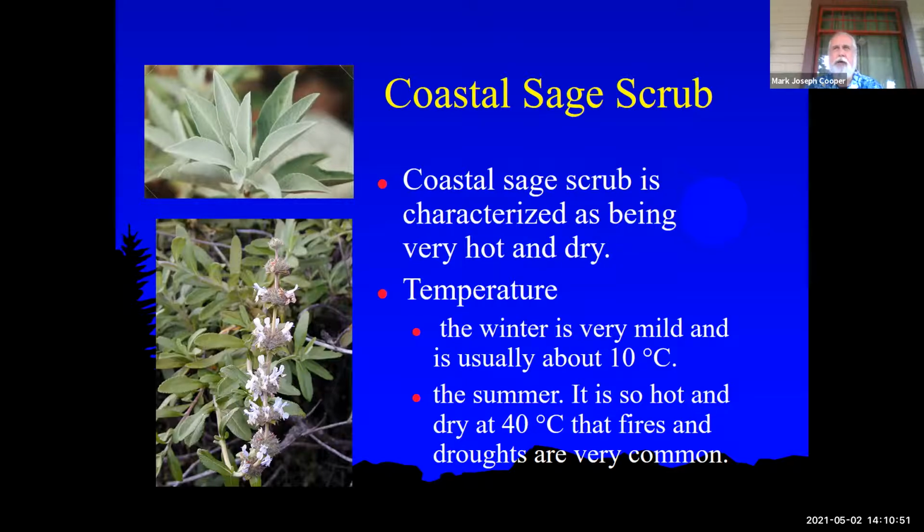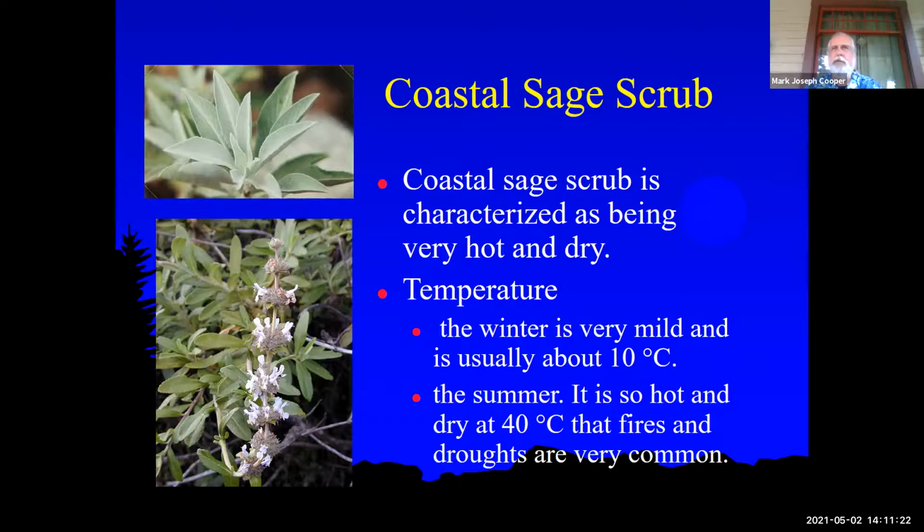Both of these, chaparral and coastal sage scrub, are known for burning, and they're known to catch fire. They're actually built for fire. They build up fuel, which then allows them to burn. The idea is that it should be burned every 5 to 10 years, and it will quickly go through the fuel. The fire will move quickly, and there will not be a lot of damage, because what happens is days afterwards, you'll get resprouting.